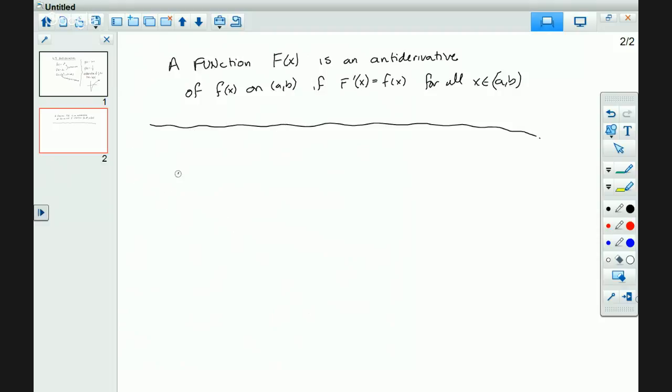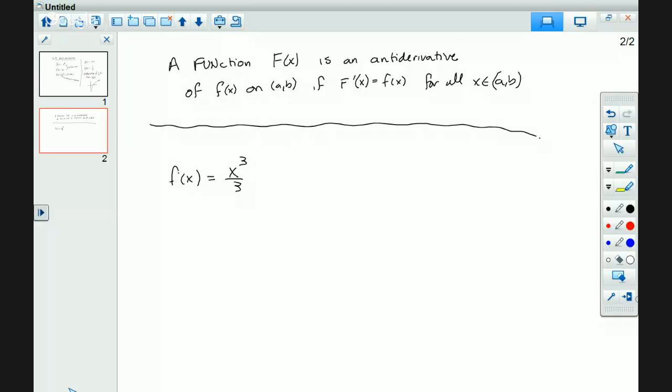If I give you f of x equals x cubed over 3, what is the antiderivative?